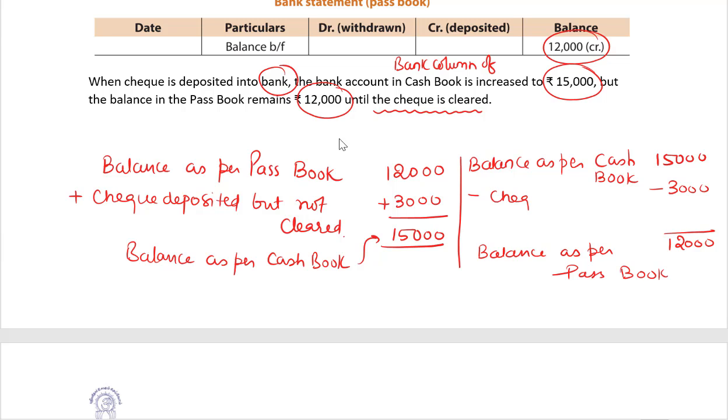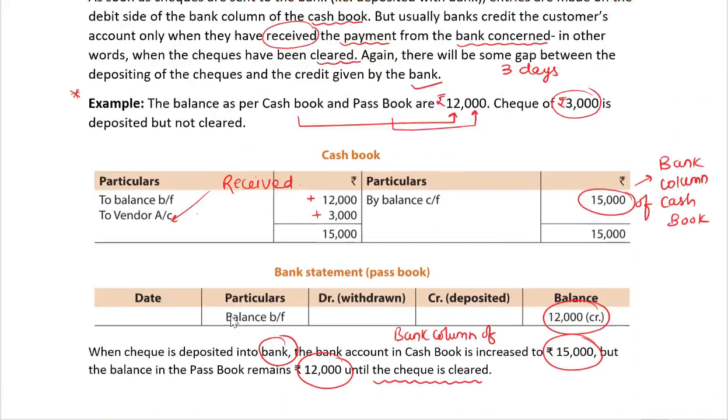And we will write over here: minus check deposited but not cleared. I hope you understood till here.